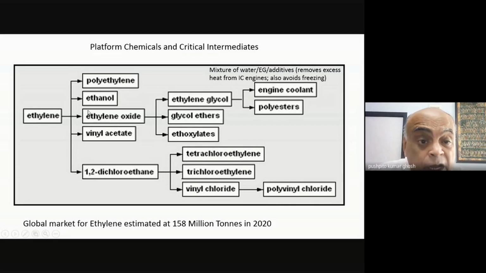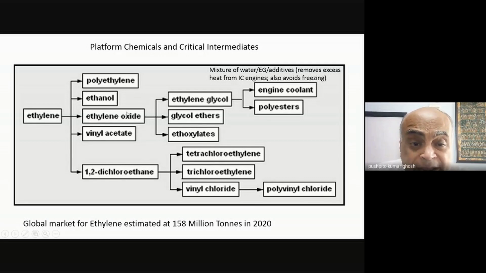From ethylene, you can make ethylene oxide, polyethylene, vinyl acetate. We'll discuss these. And those in turn, ethylene oxide, you can hydrolyze to ethylene glycol. That goes into all this engine coolant, making polyester. And ethylene oxide, all the people who make surfactants, one of the things is that you need a polyethylene oxide EO chain, and that's what increases the hydrophilicity of these molecules and converts it into a surfactant.